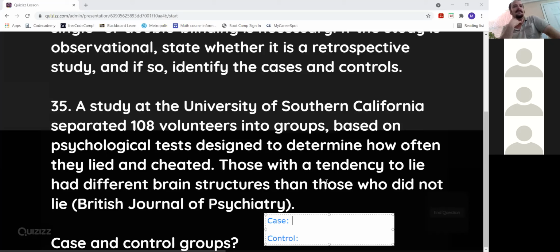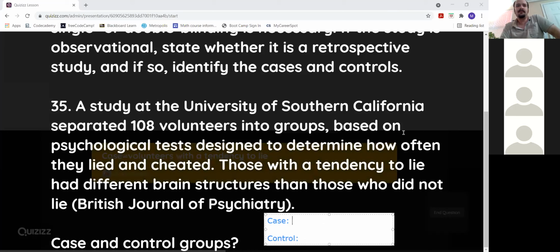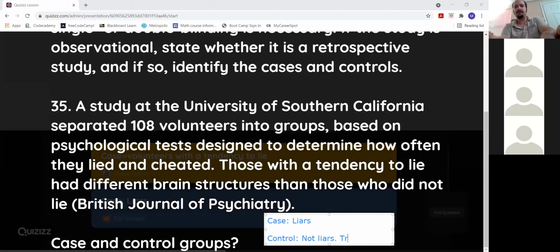What's my variable? What's the thing I'm testing? Because this is like your variable. What is your case? Case would be the liars. Yep. And the control would be the truth tellers. The truth tellers. Make it sound significant or something.